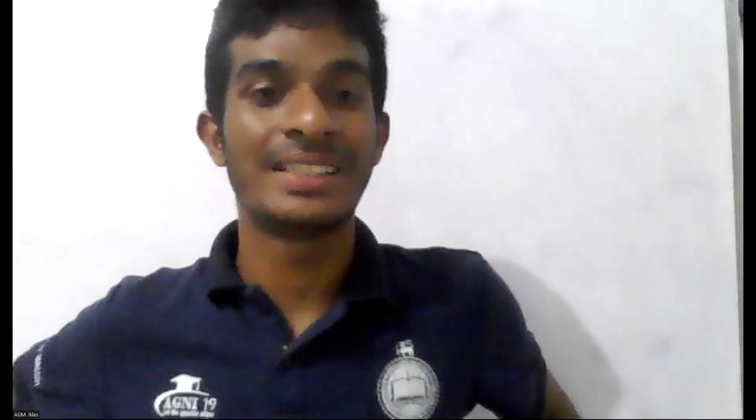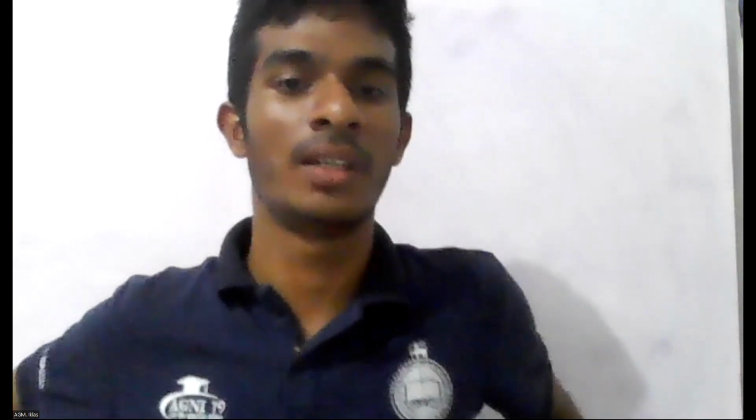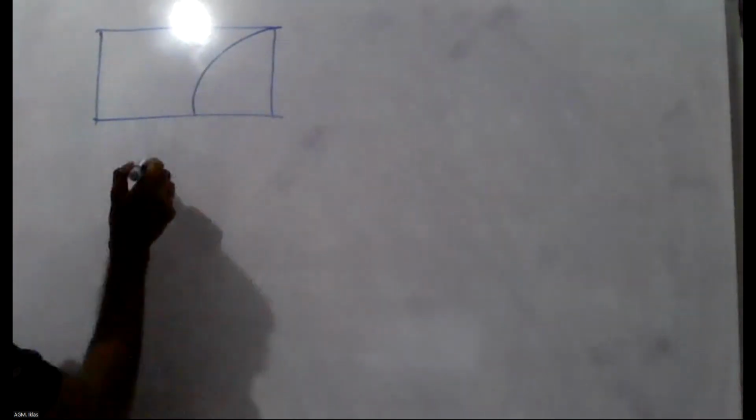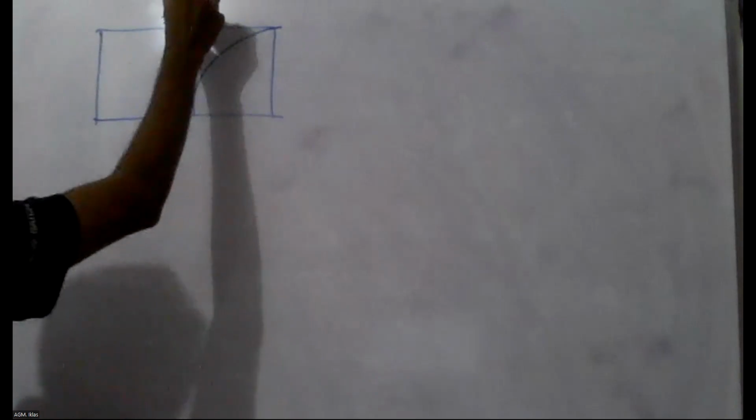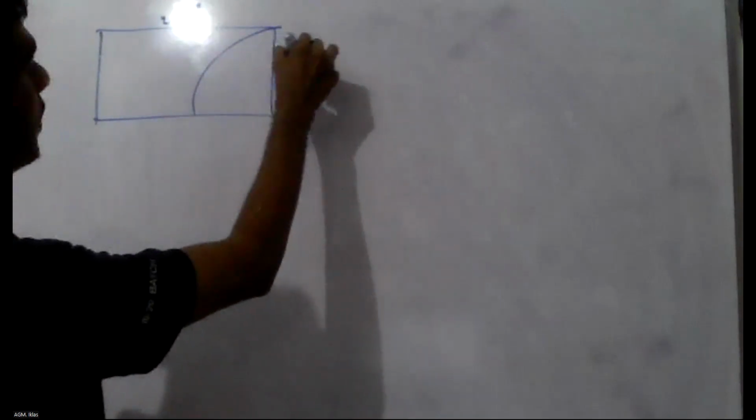Find the area of the shaded portion using the given data. So here from a rectangular lamina, they cut off one quadrant. So here this is 20 centimeters and this is 7 centimeters.